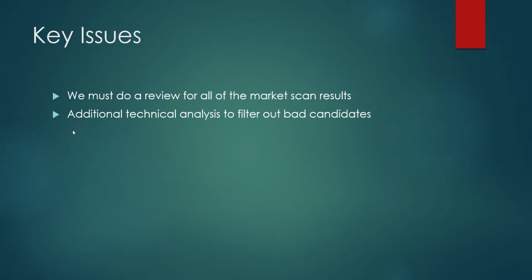After you apply additional technical analysis, you can filter out the bad candidates. Some of them are dangerous or hiding inside, like the SEK one, which fell 14%. Those are the key points I want to tell you guys for this example.